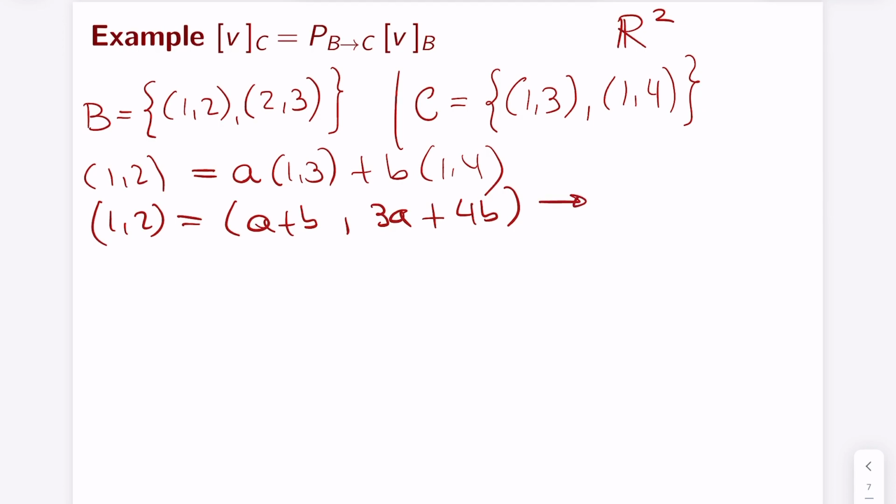And so from here we can say that 1 is equal to A plus B and 2 is equal to 3A plus 4B.